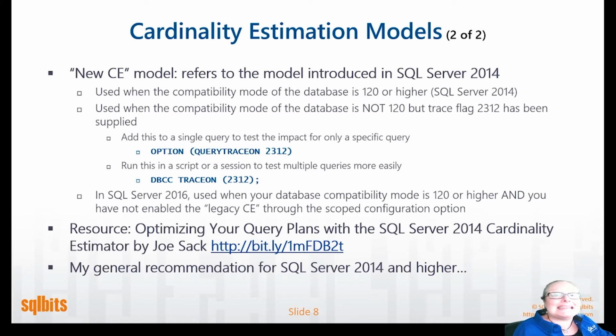Now, if you really want to get into some great information on the numbers and some of what went into the new CE, Joe's white paper is fantastic. But again, I want the information that goes into the calculations, not the calculations so much, to drive how I optimize SQL Server. It reminds me of Cuba Gooding Jr. and Jerry Maguire, help me help you.